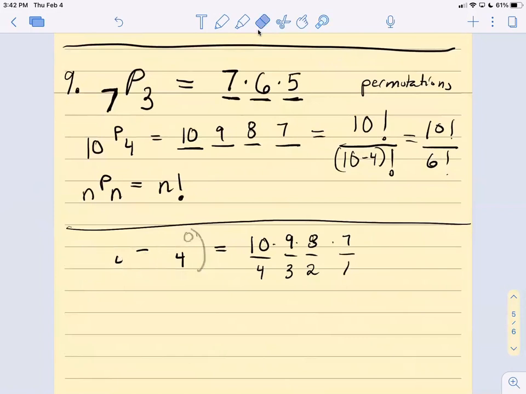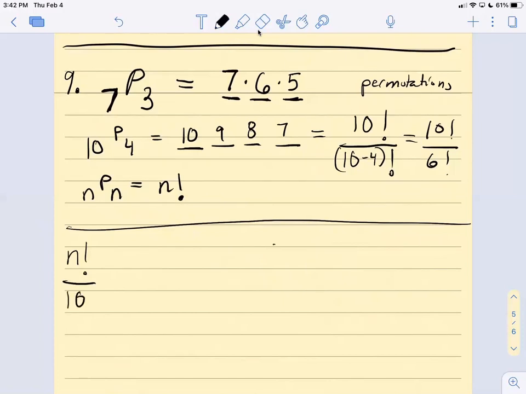Okay, now let's go to the problem. You have to think about it a little bit, and you're going to have to use the observation that we made. In the problem, it's n factorial over 10 is equal to (n minus 1)P(n minus 3).